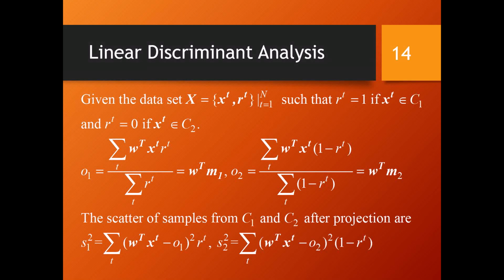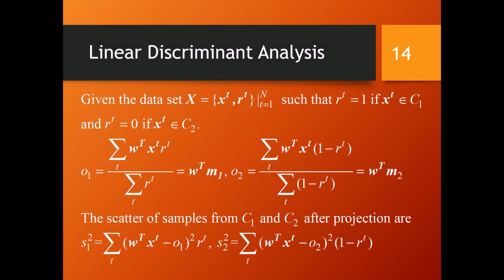We use almost the same, but not exactly the same, equation to calculate the variance of class 1 data. If you go back to chapter 5, we are supposed to have the denominator that is summation over T of RT here.